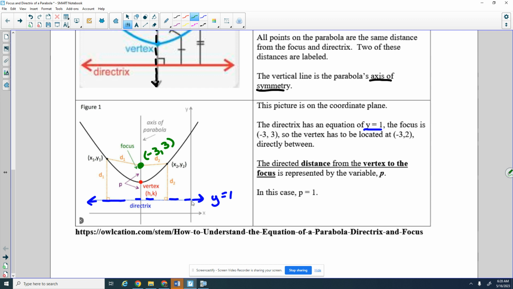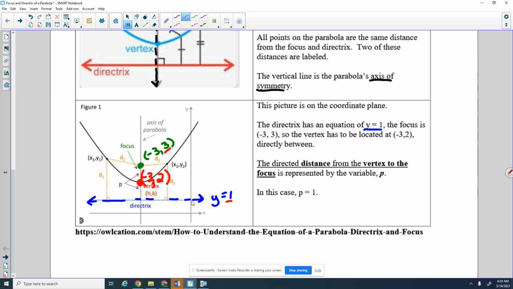So based on that, the focus, which is right here, is directly between these two y values. So the y value between 1 and 3 has to be 2. And then because it's on that axis of symmetry also, the x value has to be the same as the focus. So the vertex is (-3, 2).